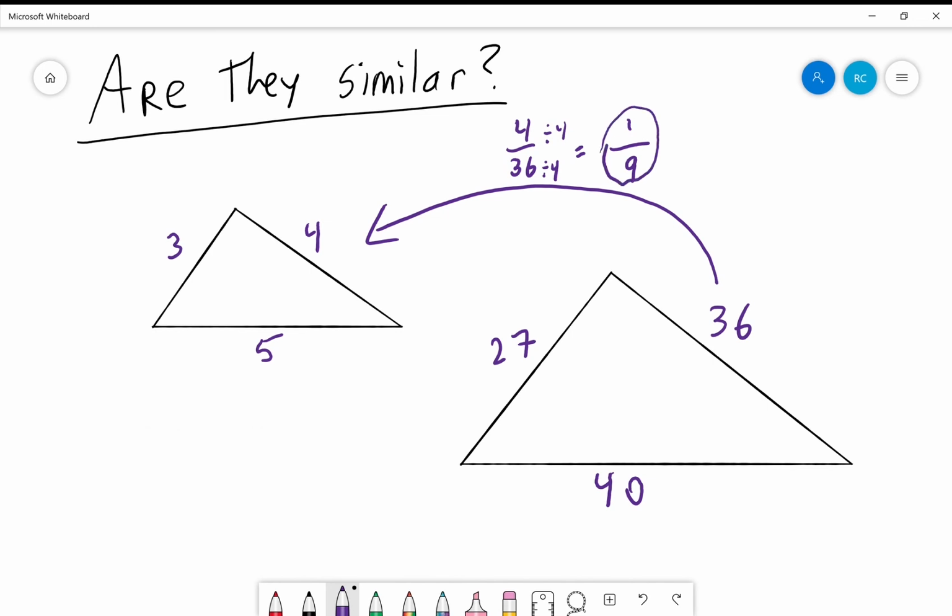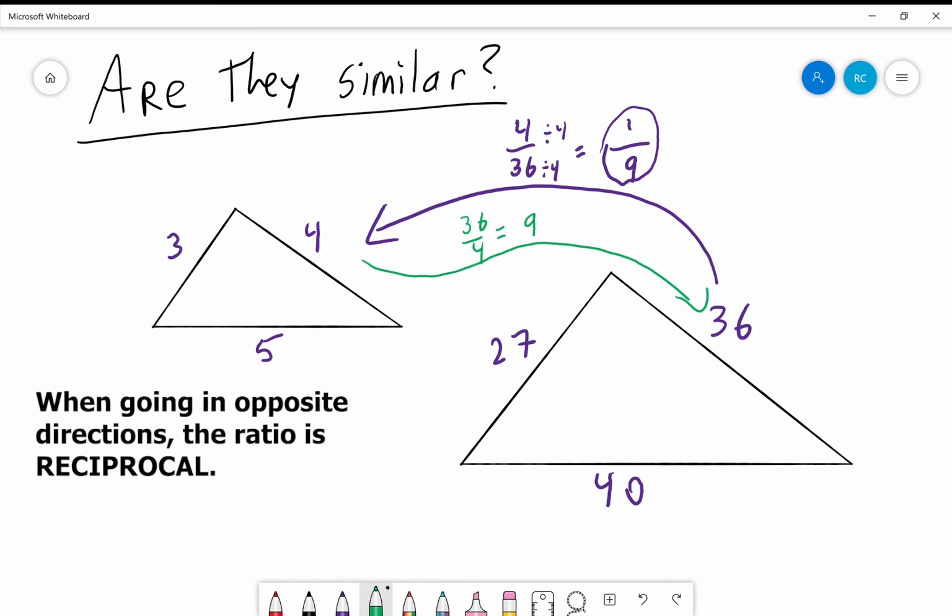We multiply by 1/9 to get from the large triangle to the small triangle. That is the same thing as saying that the ratio is 9 going in the other direction. Notice that the ratios are reciprocals, 9/1, 1/9. That's always going to be the case.